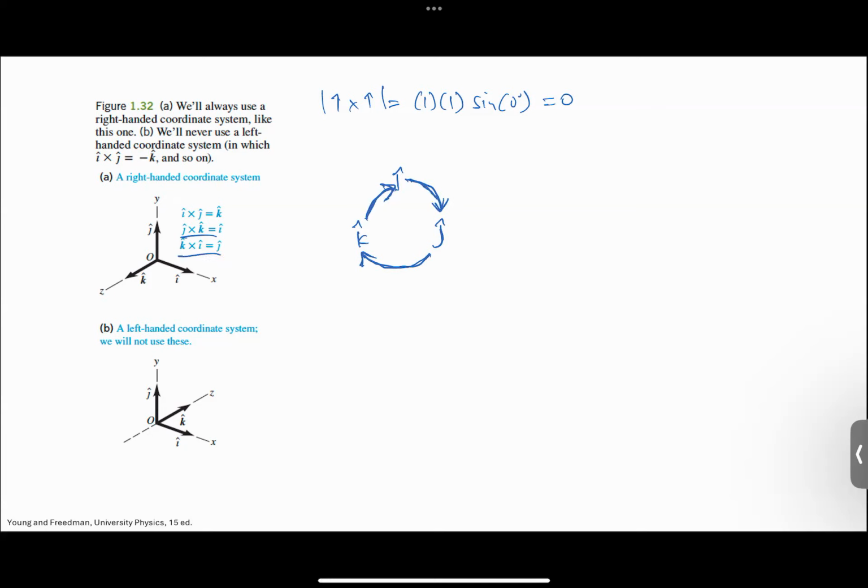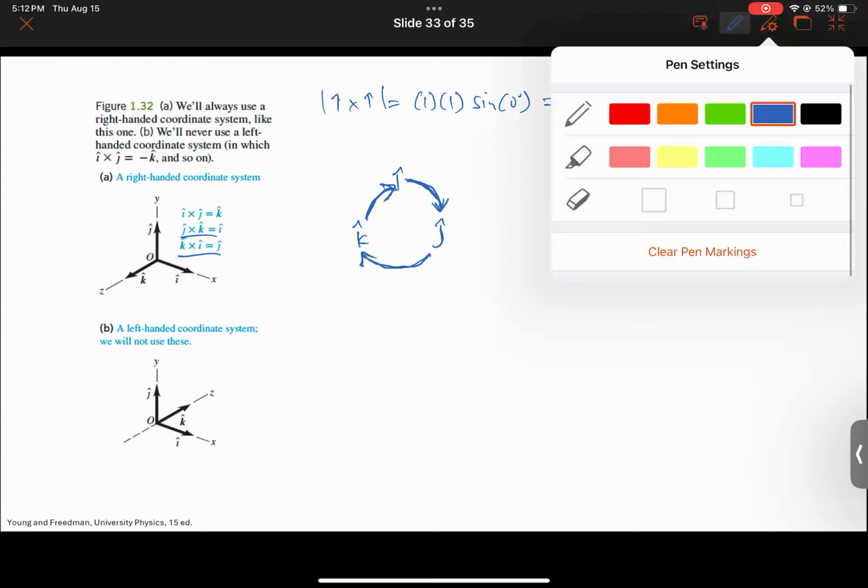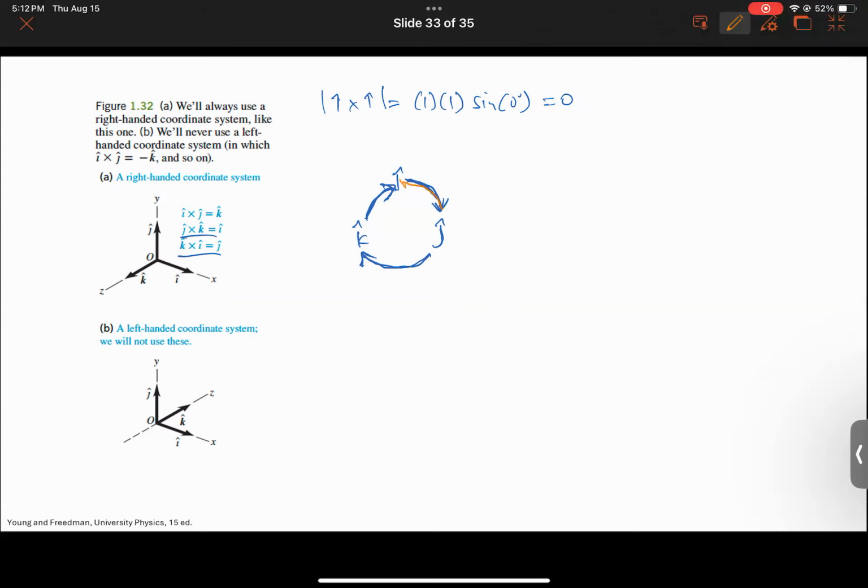And if it goes against the arrow, for example J cross I, it reverses with respect to the arrow. So J cross I is just negative K. So J hat cross I hat is negative K hat.